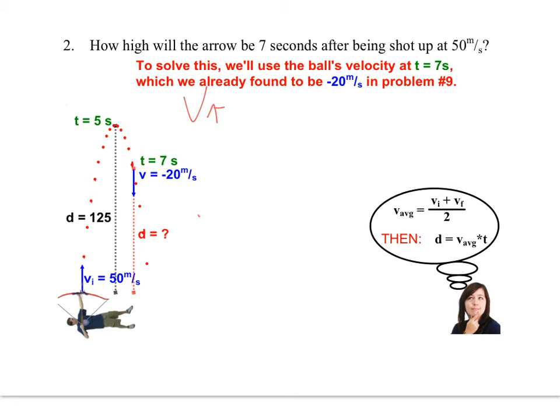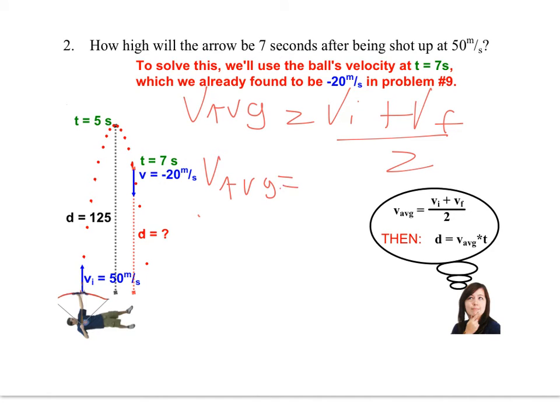So I got V average is equal to initial plus final divided by 2, and I'm going to write that equation every single time. So average is equal to, still started at 50 meters per second, but now my final velocity is negative 20 meters per second.